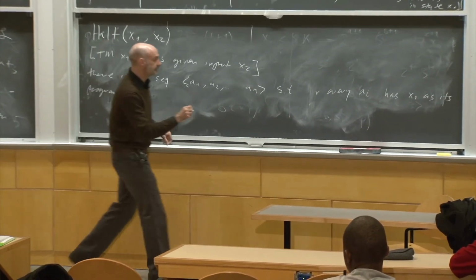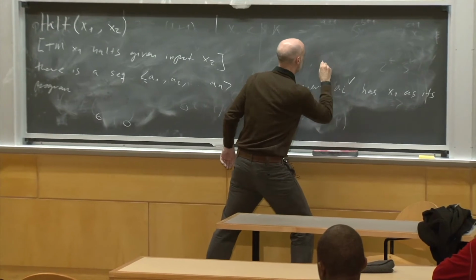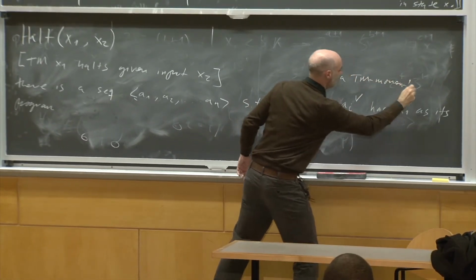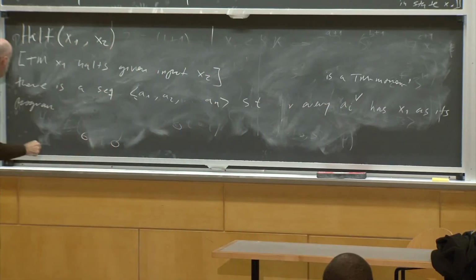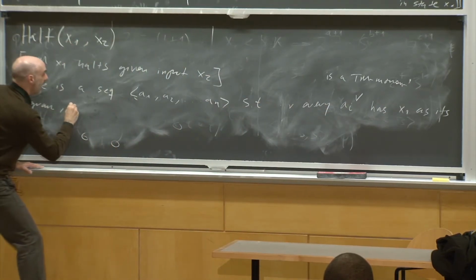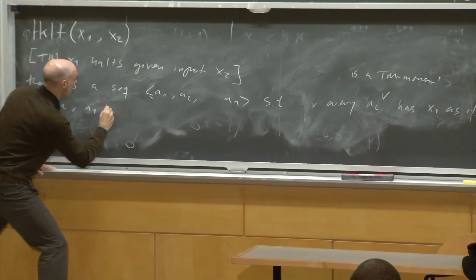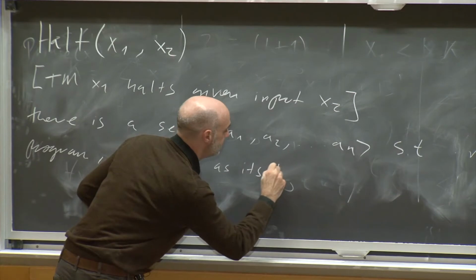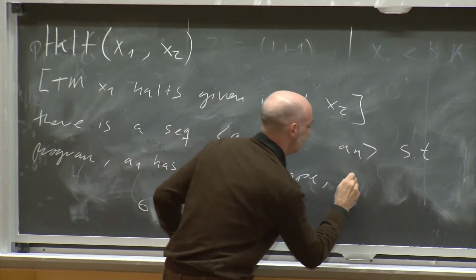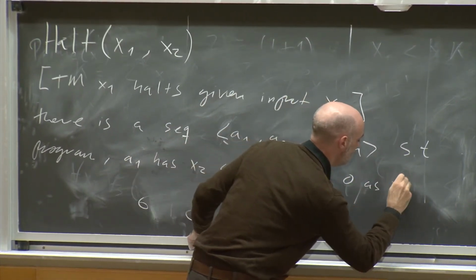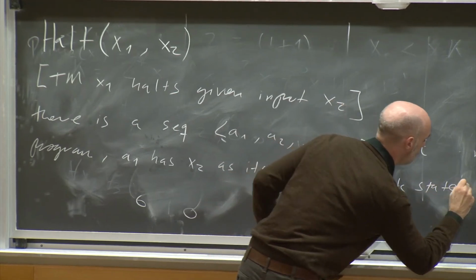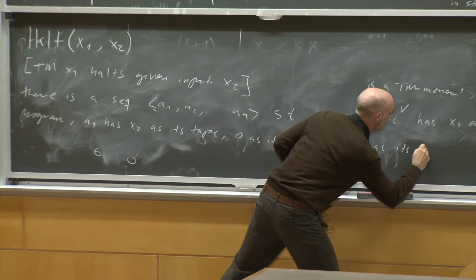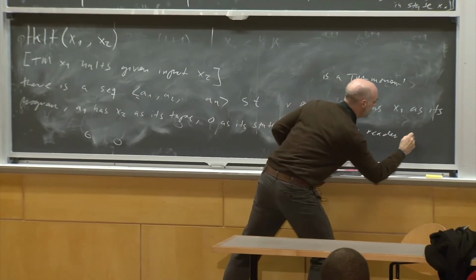Every a_i is a Turing machine moment which has x1 as its program. a_1 has x2 as its tape, 0 as its state, and 1 as its reader position.